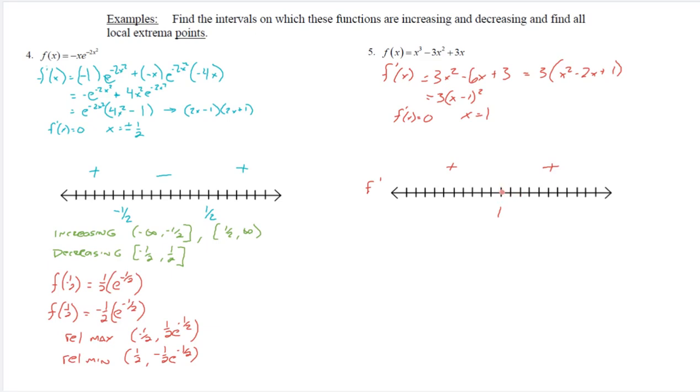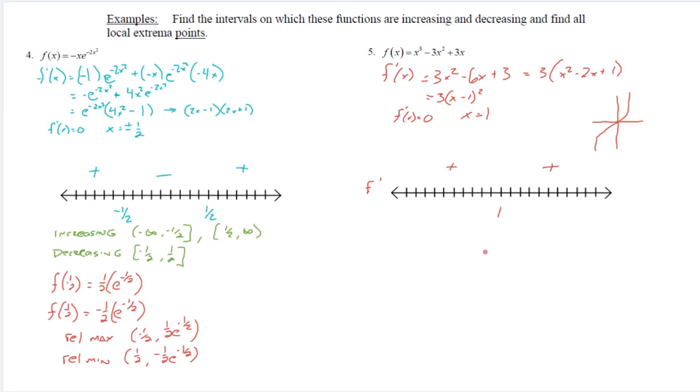So if you think about how a cubic function works, it goes something like this. In this case, what's happening is it's leveling off at 1, but it's not going down at all.